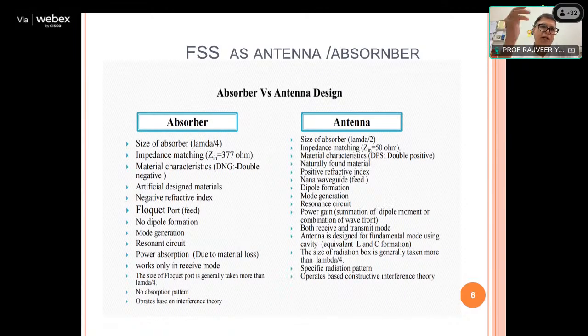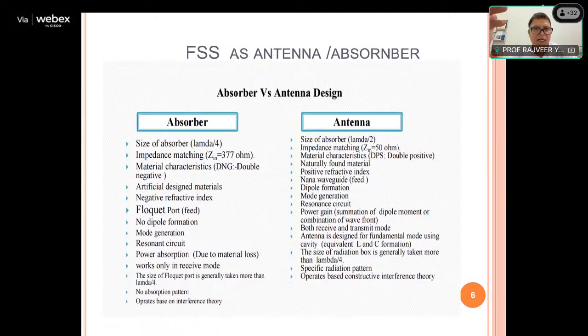So here, on the left side, the size of the absorber is mentioned as lambda by 4. Impedance matching here is needed because absorbers generally operate in receiving mode, so you need to match the free space impedance of 377 ohm at the Floquet port. The materials used in absorbers are negative permittivity, negative permeability, or negative index materials, which are generally used to design absorbers.